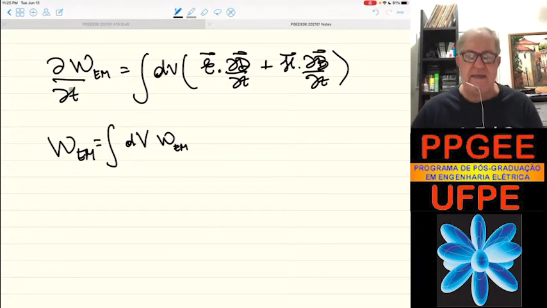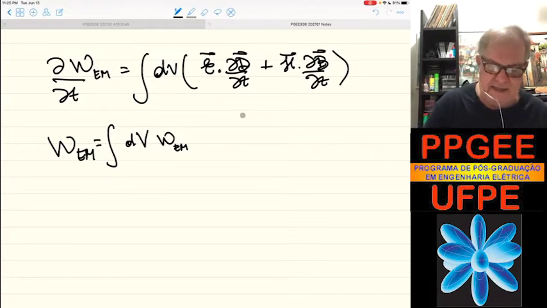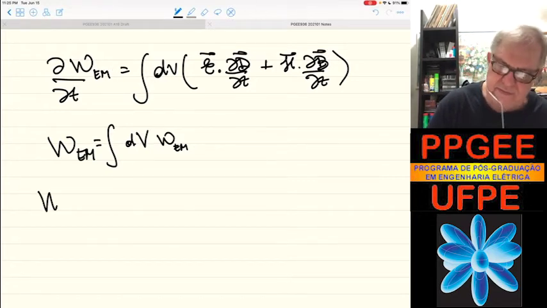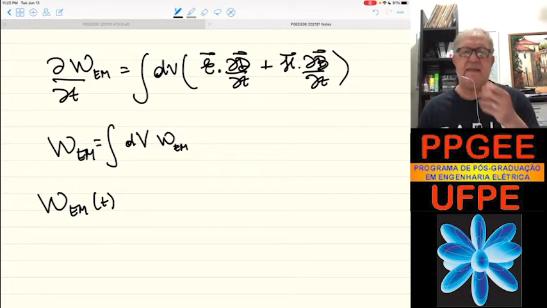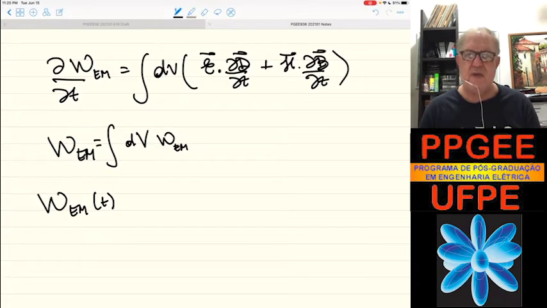I can integrate this expression here. At time t, for instance, what's the energy? Let's assume that at time t equals 0, there is no energy.